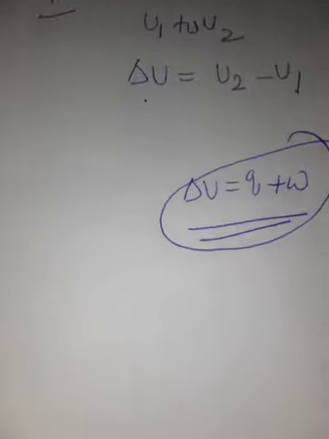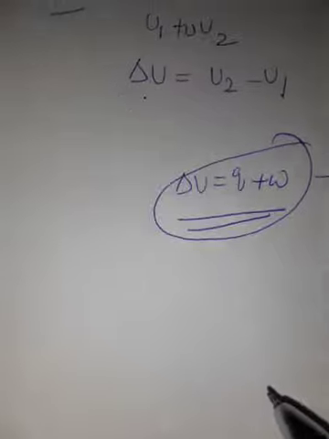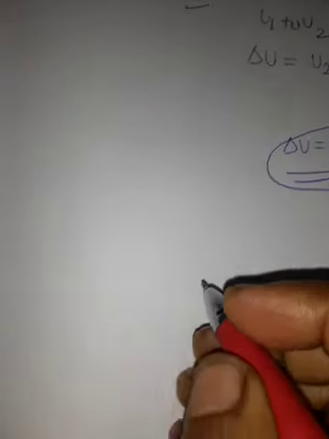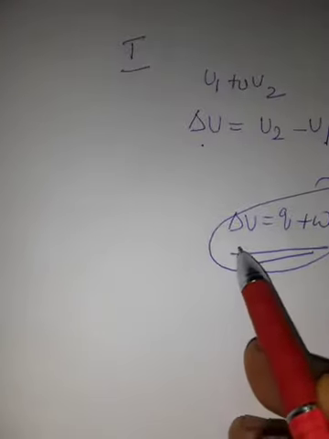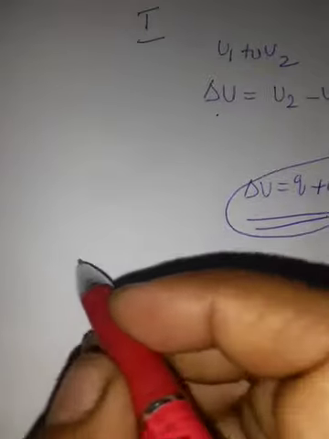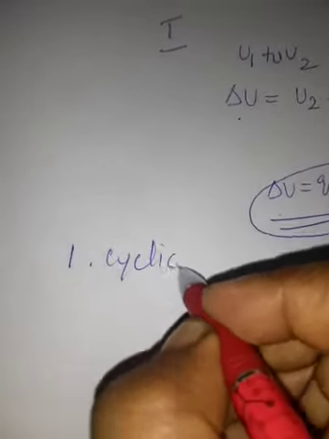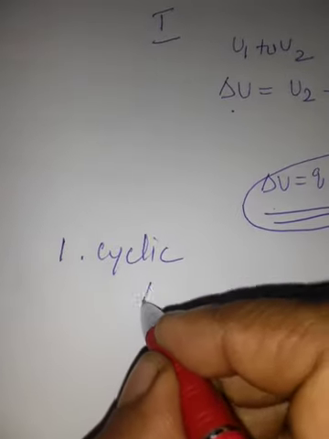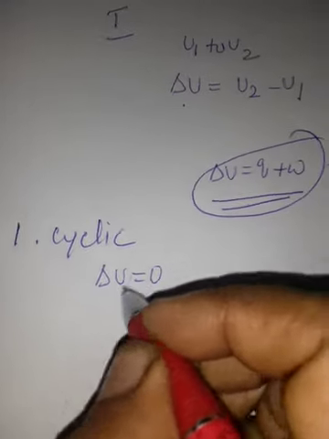Now the mathematical statement of the first law: del U is equal to Q plus W. Case 1: if it is a cyclic process, del U is equal to 0.